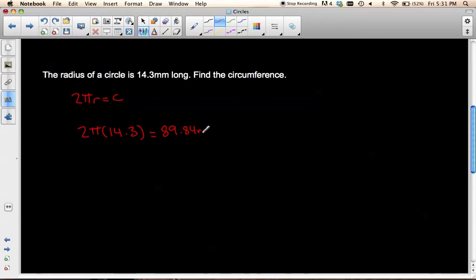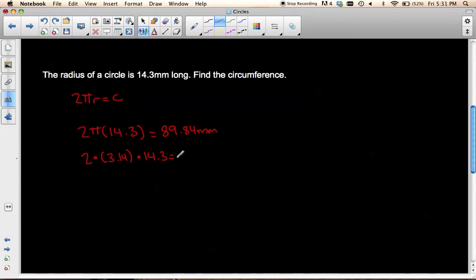We get 89.84 millimeters. Now, if you decided to go 2 times 3.14, which is the same thing as pi, times 14.3, we'll get a similar answer.